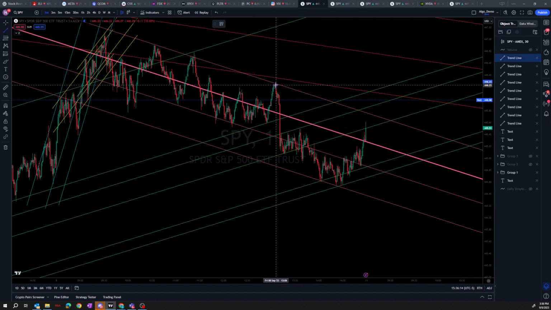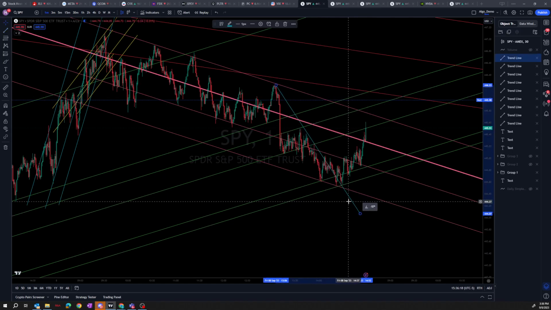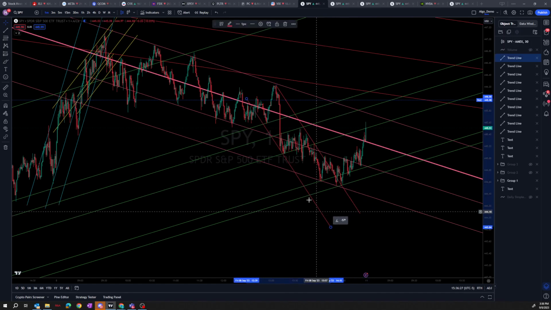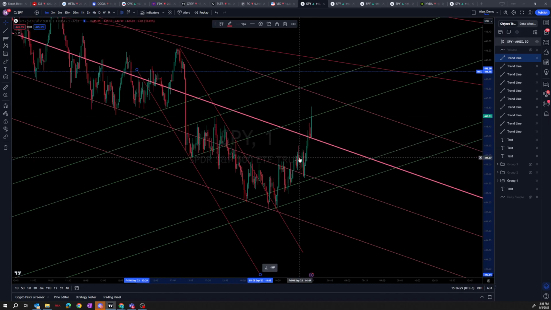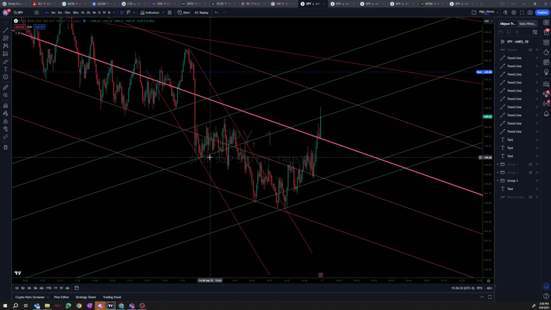If I draw a line from this top down here, I'm going to color this red. This was a very strong selling algo. And if I zoom in right here, you could see that there were 3 points that touched it quite perfectly.